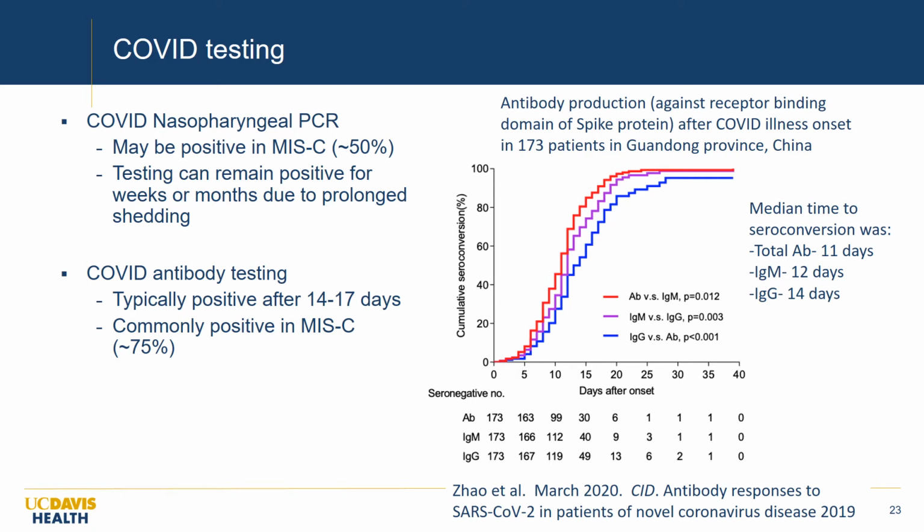So if you're looking for antibodies, generally you should look in patients who have had symptoms at least 14 days previously. However, we find them to be very helpful in MIS-C. Again, that's because we think that it occurs about 2 to 4 weeks after acute COVID infection. And so in most case series, in about 75% of kids with MIS-C, they have had positive antibodies.